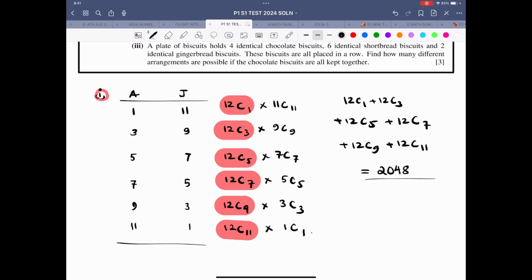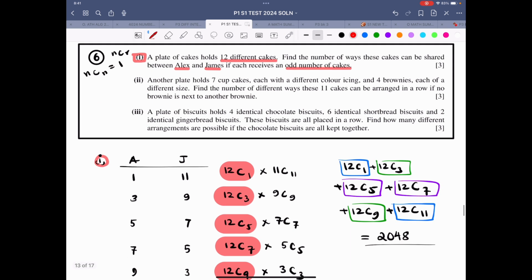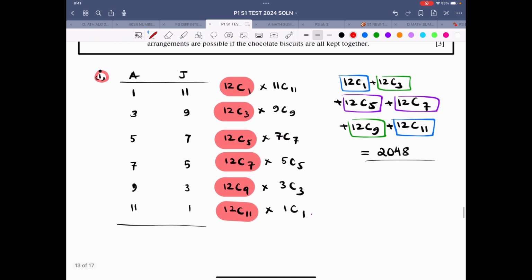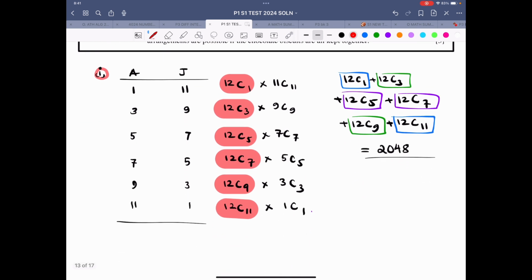And if you are vigilant enough, you know that 12C1 will have the same value as 12C11. Similarly, 12C3 will have the same value as 12C9, and 12C5 the same as 12C7, because remember that nCr is nC(n minus r). Use these rules to your benefit so that your working is reduced.